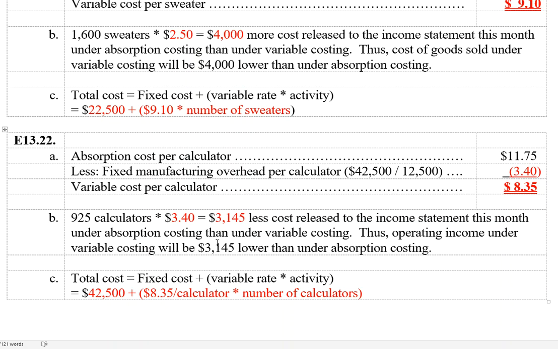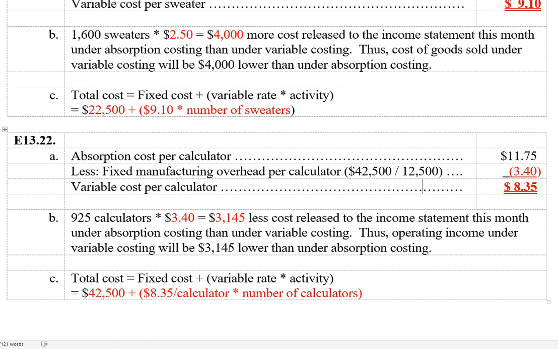So remember that this has an effect on your gross profit amount. And remember too that this is something analysts look at and use, but also note that it depends on which industry and what they do, as far as whether they use absorption costing or variable costing.